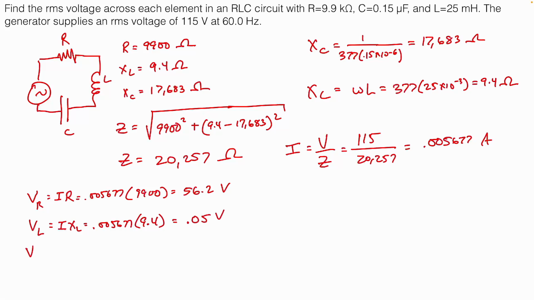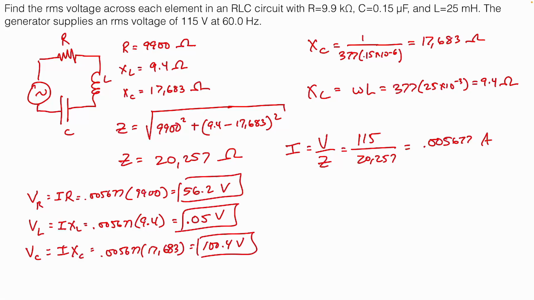And then finally, the voltage through the capacitor. Current times the resistance of the capacitor, 0.005677 times 17,683, 100.4. There we go. You now know all the voltages through each of the elements in that circuit.